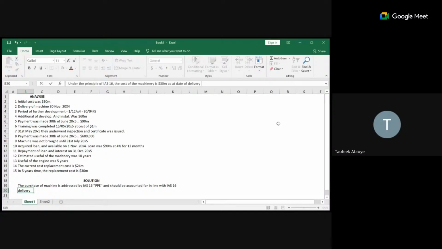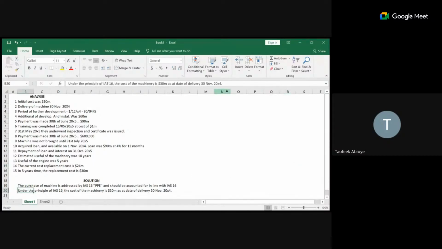They gave us two dates: 1st of November and 30th of November. So 1st of November is not relevant. Under the principle of IAS 16, the cost of machinery is 30 million as at the date of delivery, 30th November 20x4. Let me shorten it, we are not in exam mode because of the time. Now that's full stop.